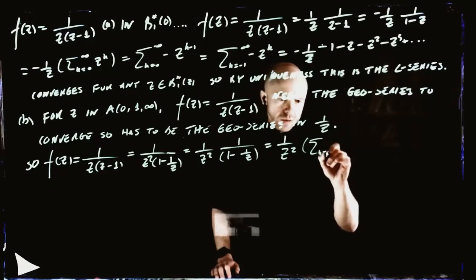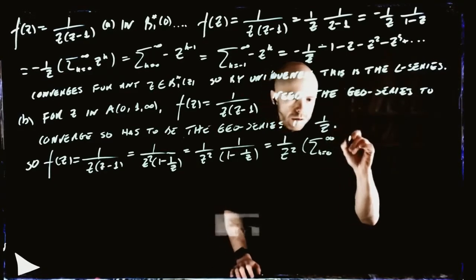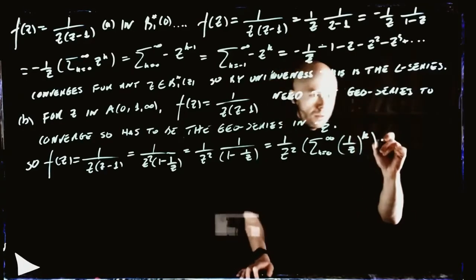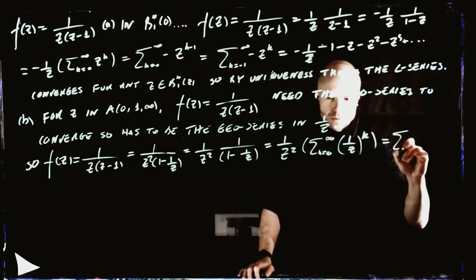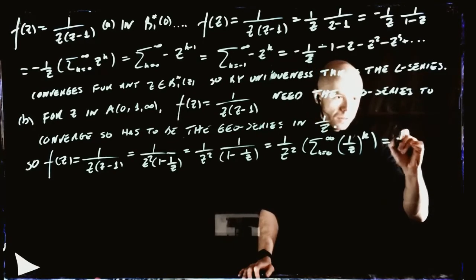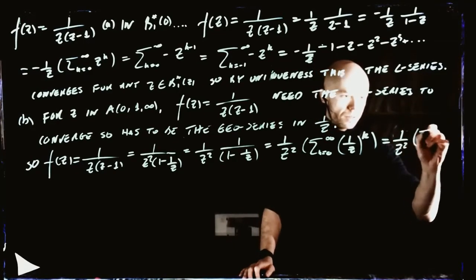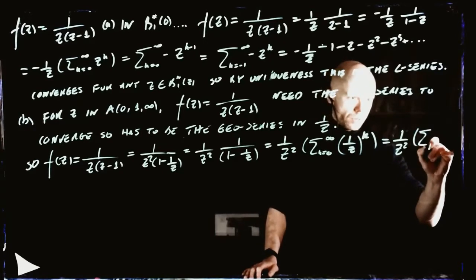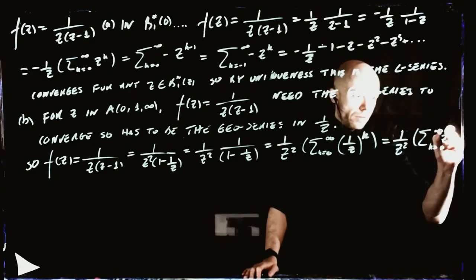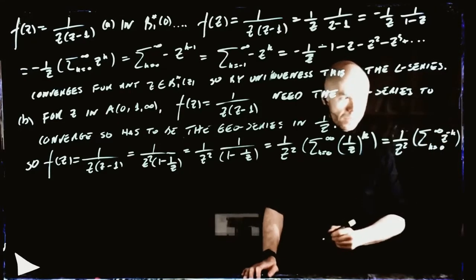So then it's the sum from k equals 0 to infinity of 1 over z to the k, which is the sum from k equals 0 to infinity of z to the minus k, like this.